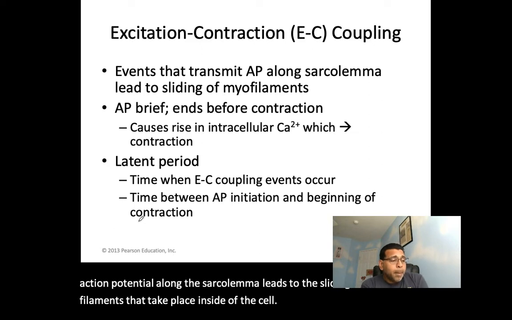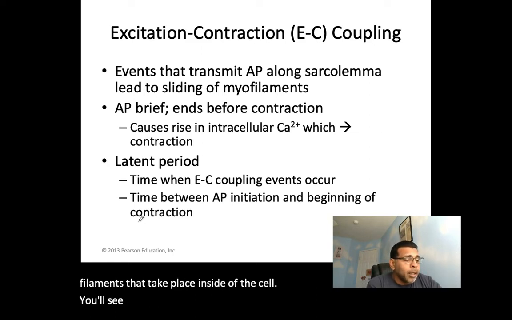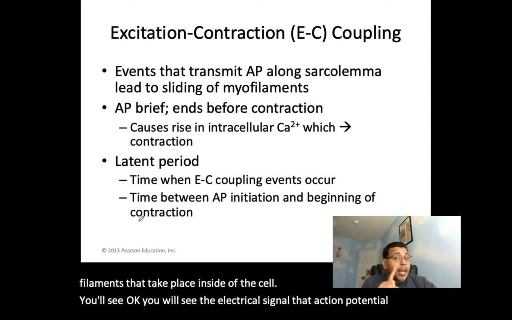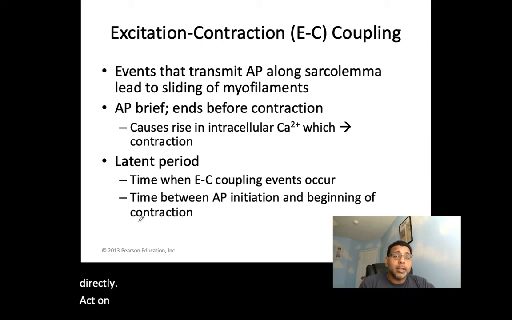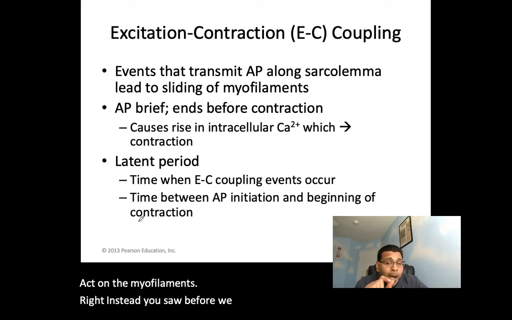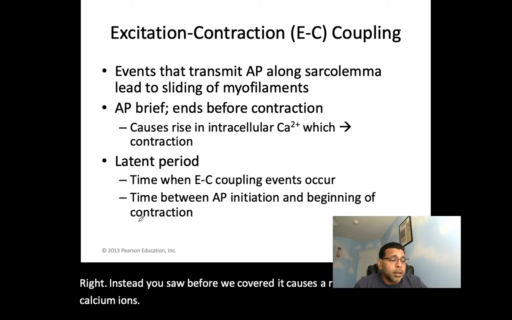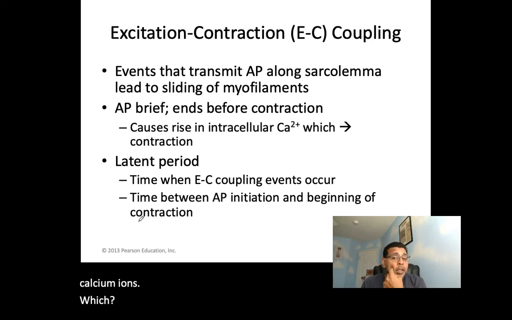You will see the electrical signal, that action potential, does not directly act on the myofilaments, right? Instead, as you saw before, it causes a rise in intracellular calcium ions, which allow those filaments to slide.